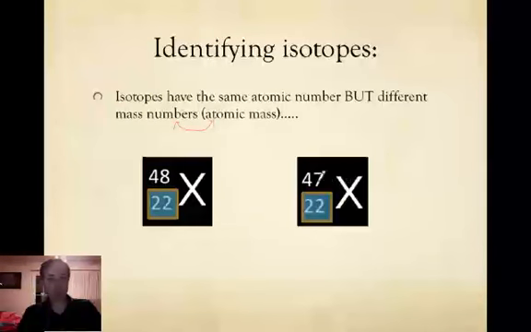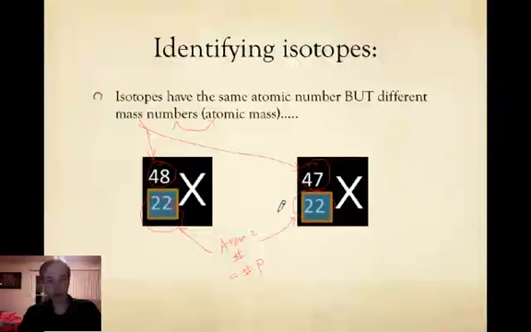So if we look at element X here, just a generic element, notice the mass numbers, which are right here and right here, they are slightly off. This one on the left has one more neutron. On the bottom, these numbers are the atomic numbers, and the atomic number is also known as the number of protons. Notice they are the same, which means they are the same element.